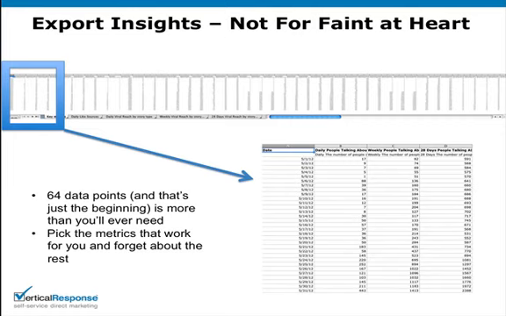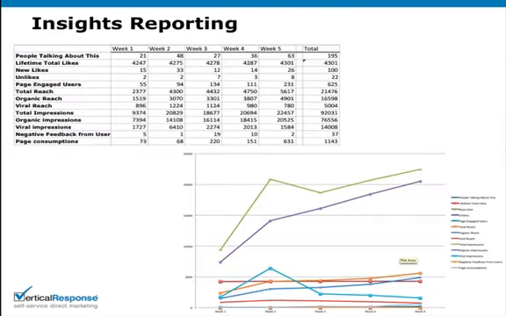So from a workflow standpoint, what I do is I download the whole doc, but I've got my own doc that I've made where I take the metrics that are important to me. So this is what you're seeing here, maybe roughly a dozen metrics that I took from that 64. These are the dozen that I am tracking on a weekly basis. Then you can start to make your own. If you're comfortable in Excel, you can make your own charts.